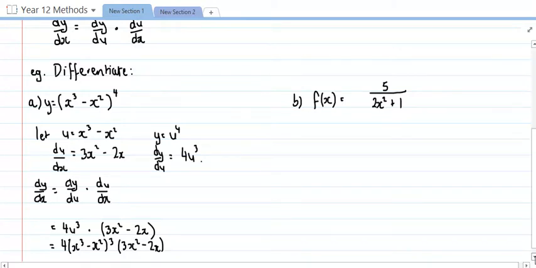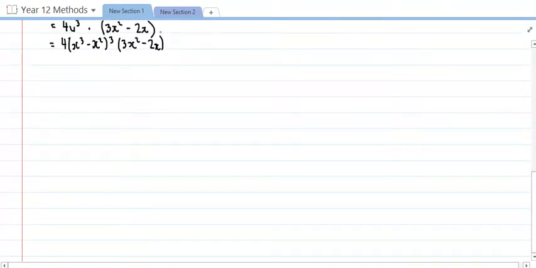Right, sorry about that. The thing is that there is actually an easier way to do this. If we have y equals x cubed minus x squared to the power of 4, we can just differentiate this as we would anything else and then multiply by the derivative of what's inside.